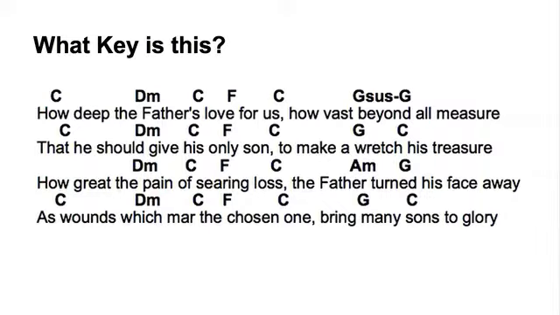This is a really common key for us, and this would be the key of C. So C is the 1 chord, F major is the 4 chord, and G is the 5 chord. And also this chorus begins and ends on C, which is another hint that you can use.